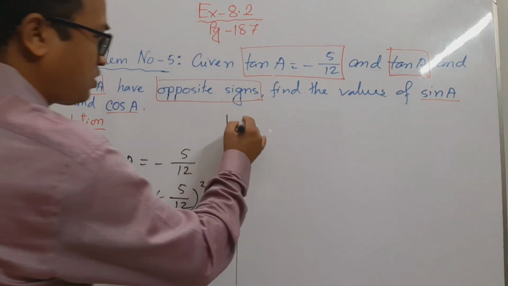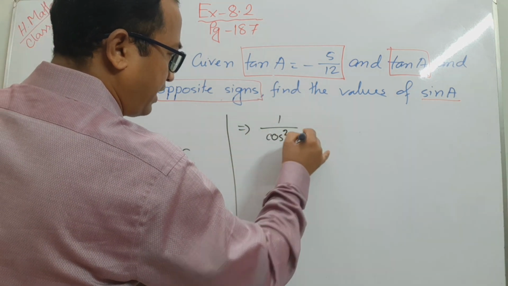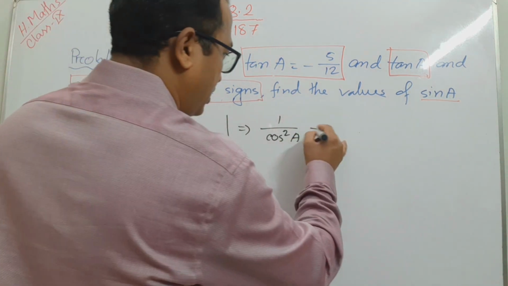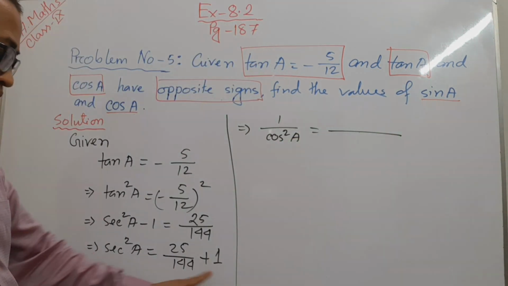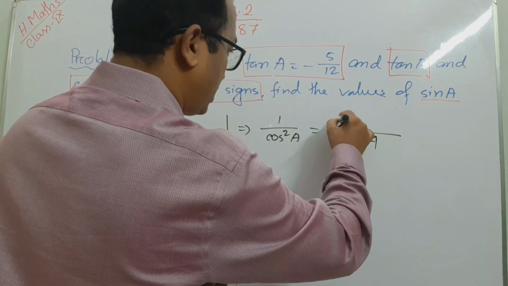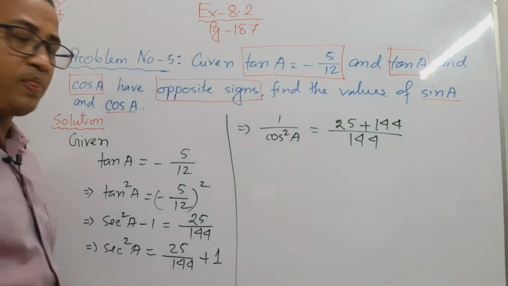Now we know sec square A is equal to 1 by cos square A, which is equal to, if you add these two numbers, LCM will be 144 and it will be 25 plus 144.